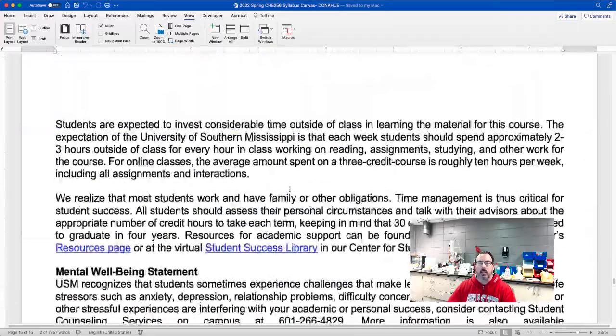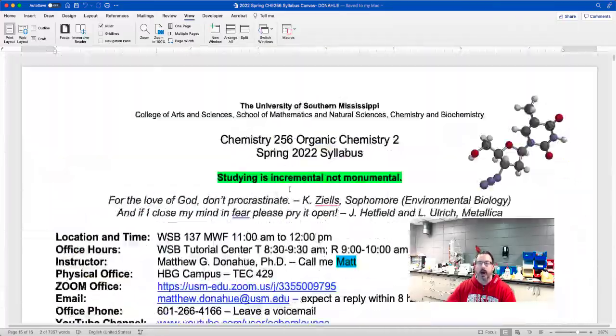So I encourage you to print off the syllabus, keep it in the notebook that you're taking notes with, or whatever you have.